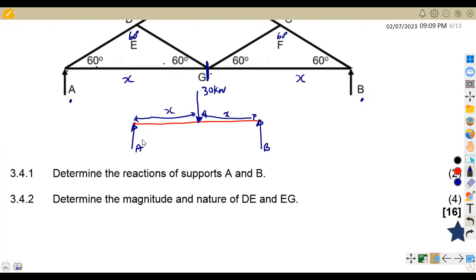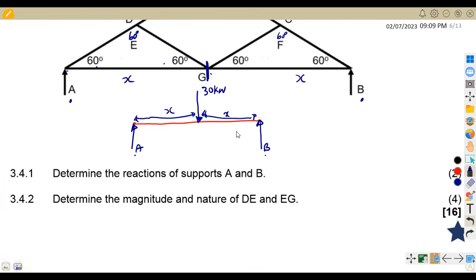So guys, what does it mean? We've got the same distance in between. That means these two forces, if we are to find them, are equal in value. Remember, the sum of the upward forces, but these two forces must be equal.